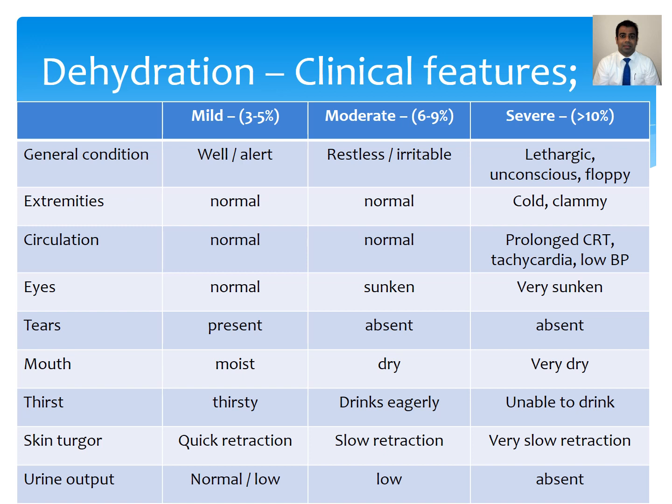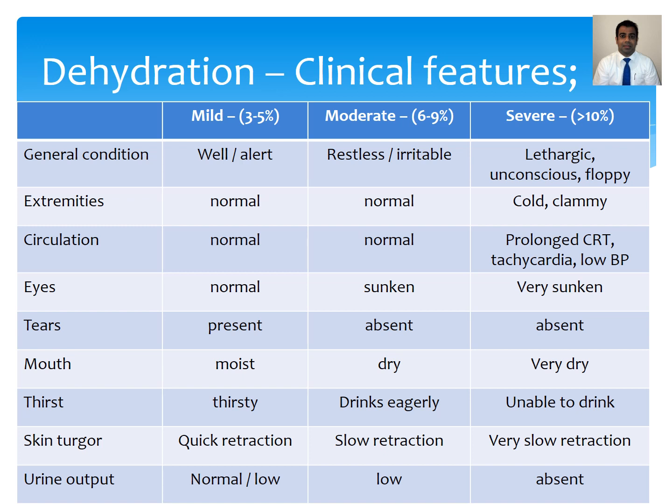Moderate as opposed to severe dehydration, where the child presents with very major symptoms. They may be lethargic, they may even be unconscious and floppy. Extremities will be cold and clammy. There will be evidence of circulatory failure with tachycardia, prolonged capillary refilling time, and low blood pressure.